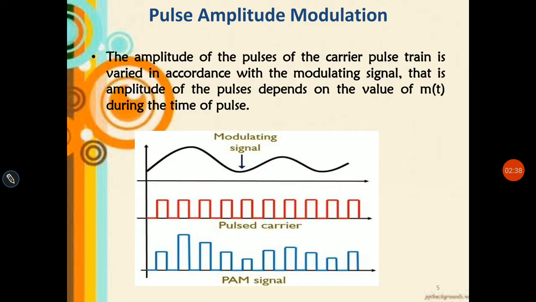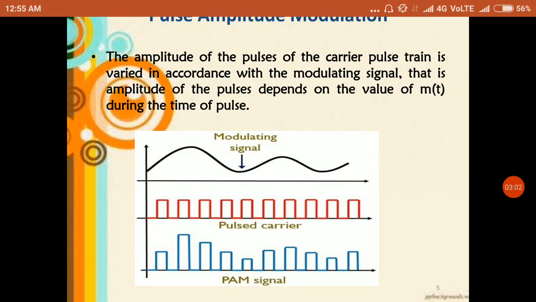Now start with the pulse amplitude modulation. The amplitude of the pulses of the carrier pulse train is varied in accordance with the modulating signal. The amplitude of the pulses depends on the value of m(t), the message or modulating signal, during the time of pulses.